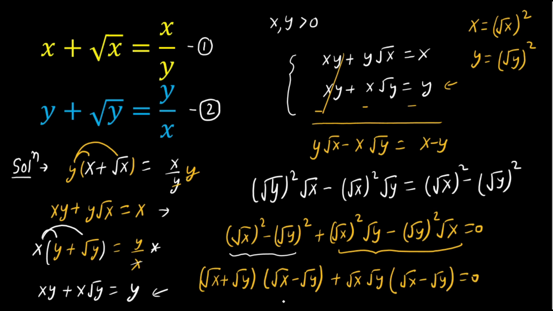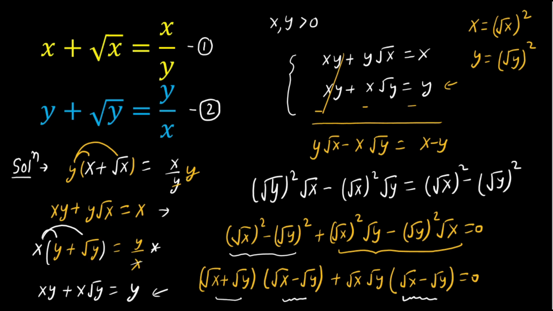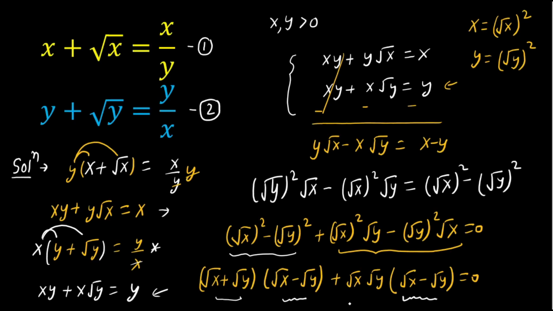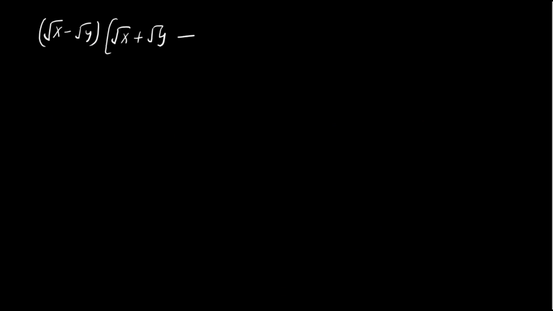Now if we take common square root of x minus square root of y, then square root of x minus square root of y is common. Then here square root of x plus square root of y, and plus square root of x times square root of y, which is the same as square root of x times y, plus square root of x times y.